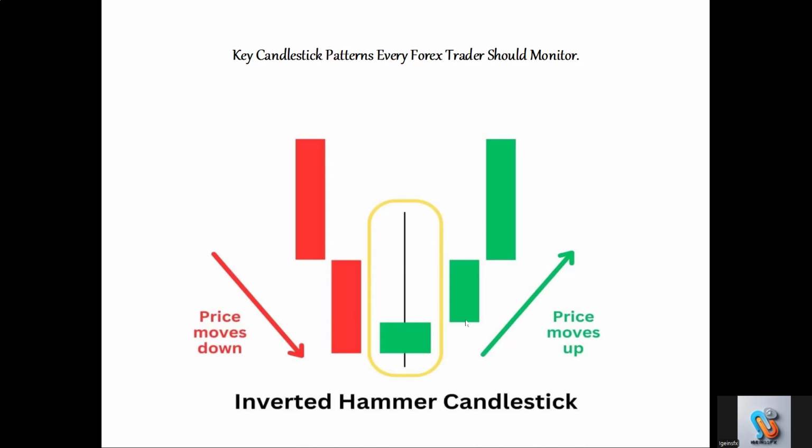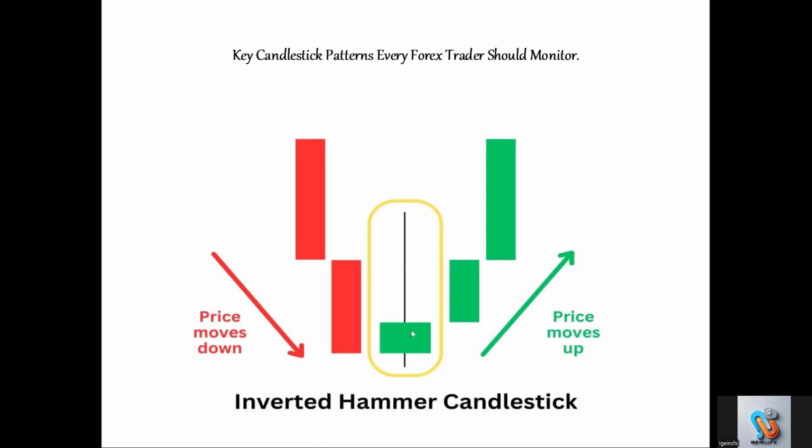Once the next one opens, just place your trade. That is a reversal. After that, you see a bullish candle, another bullish, and you just see price flying to the top. That is how it is. This is what we call an inverted hammer.